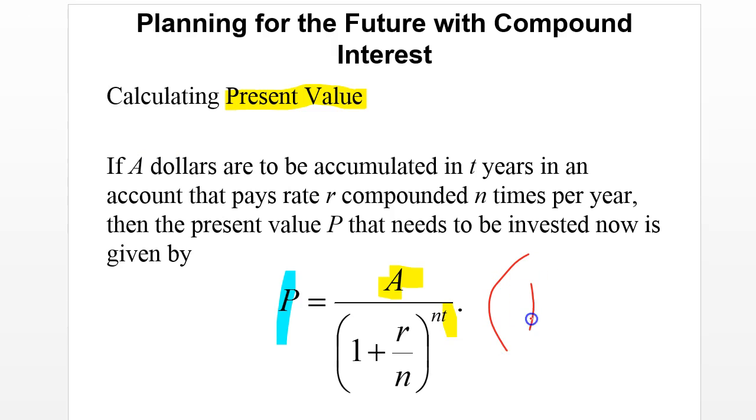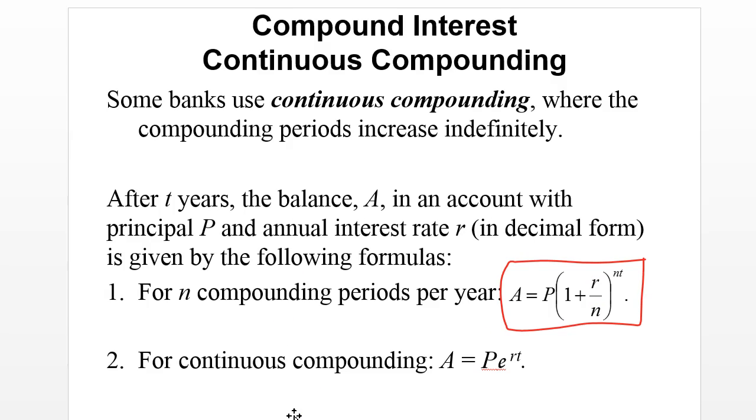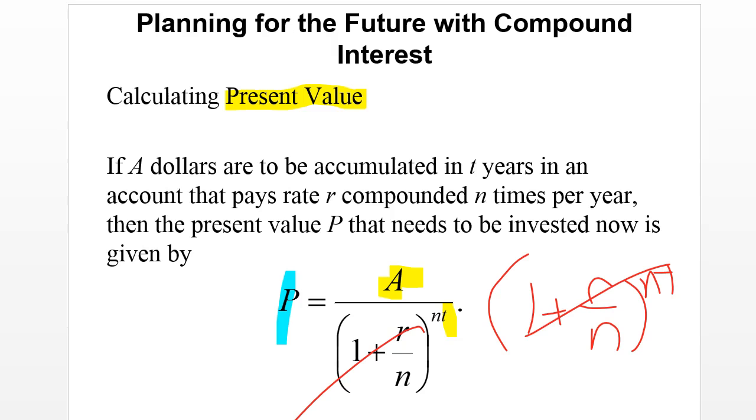If I multiply both sides by 1 plus r over n to the n times t, it would cancel on the left, and it would give me that same formula that we saw before. It's just dividing both sides of the formula from before by that 1 plus r over n to the nt, and we've got this new formula. So it's basically a new formula from an old formula.